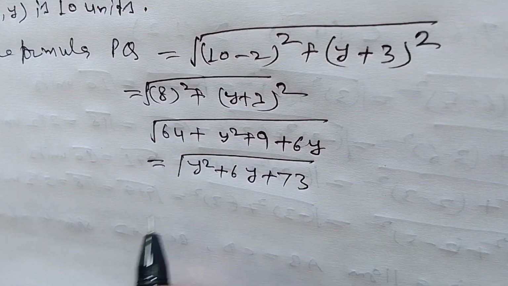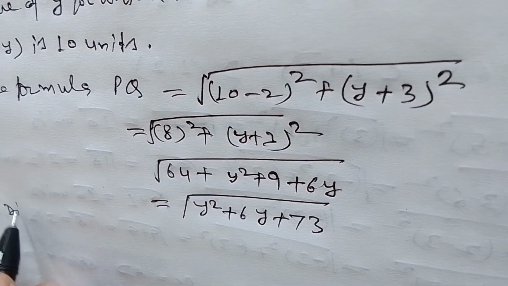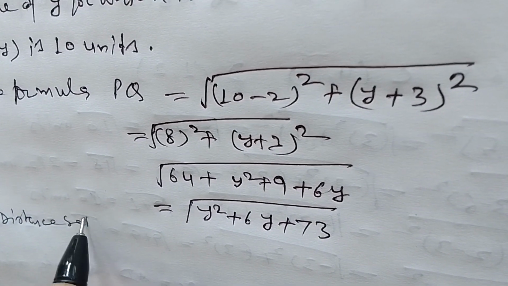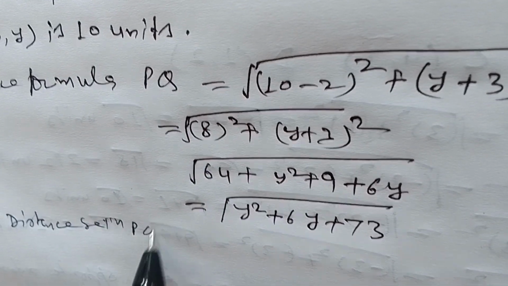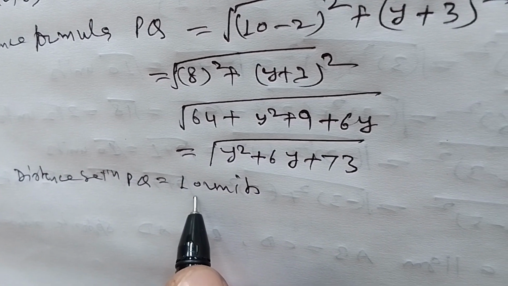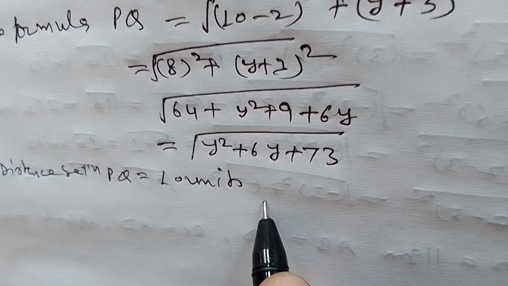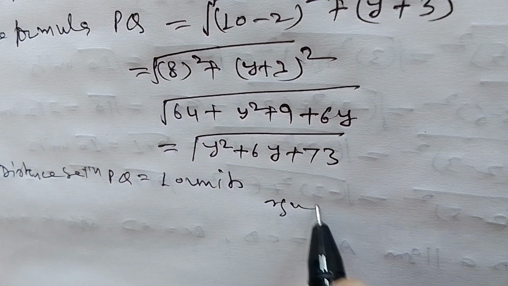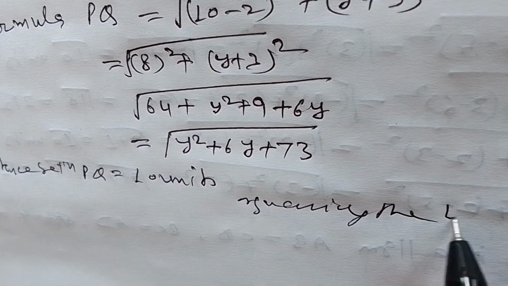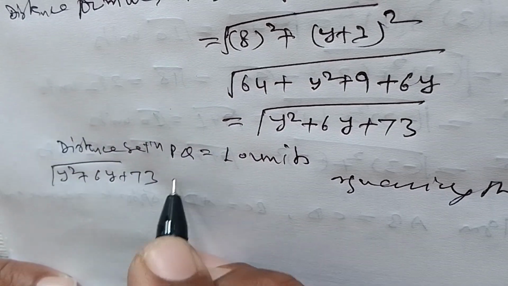Since we are given that the distance PQ is ten units, by equating this to 10 units we get the square root of y² + 6y + 73 equal to 10.